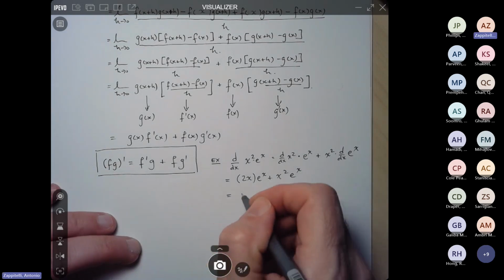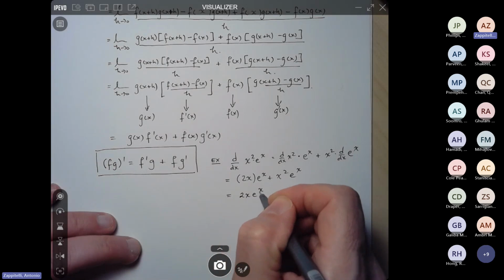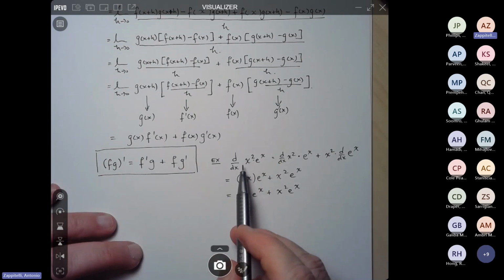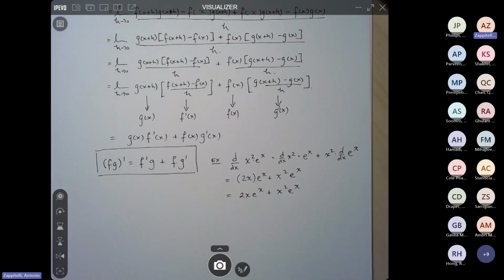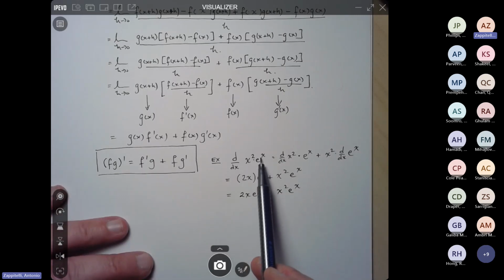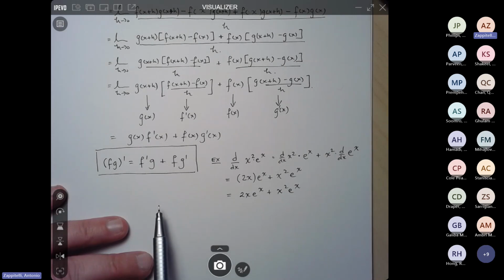And so here we have the derivative of the product of these two very basic, important functions. What's nice about the product rule is it just uses the individual derivatives plus the functions themselves.